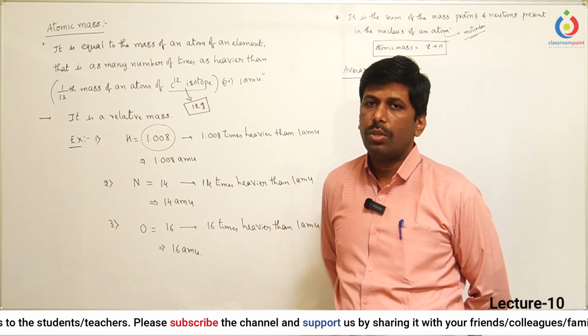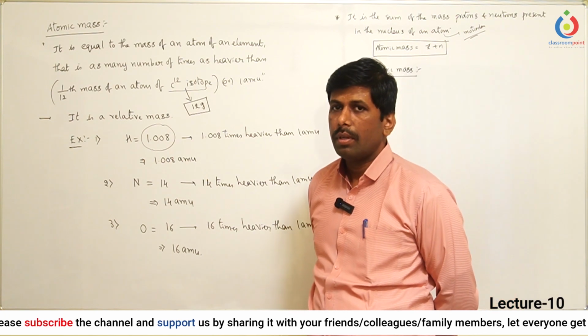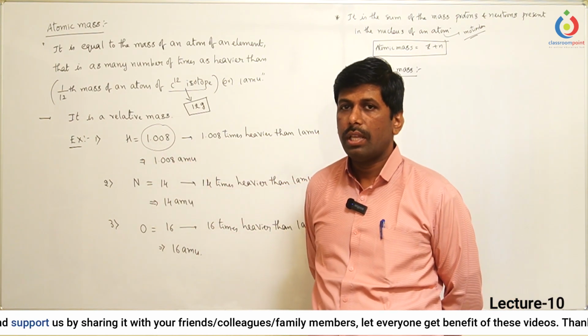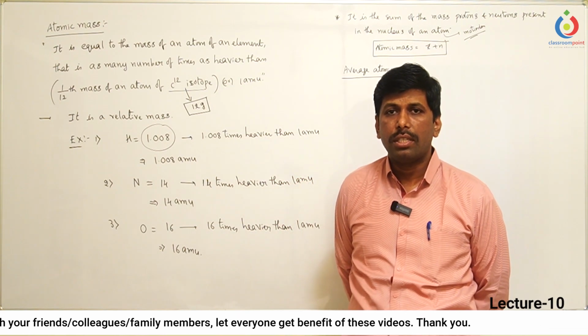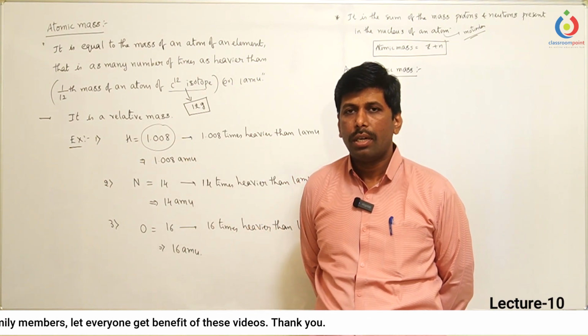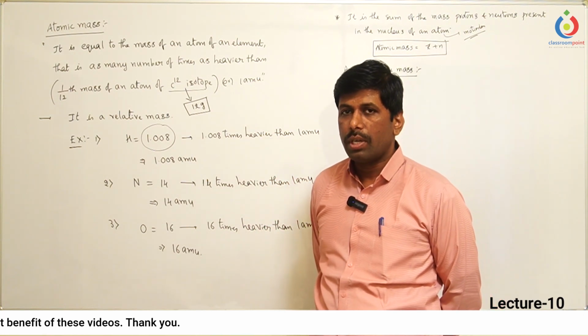For example, if you take chlorine, it is 35.5 grams that we used to take. Then why are the masses of atoms not whole numbers, why are they fractional in nature? Because most of the atoms in nature exist as isotopes. So we know that isotopes means atoms of the same element having different mass numbers. So they have different masses, and then we need to consider all of those.